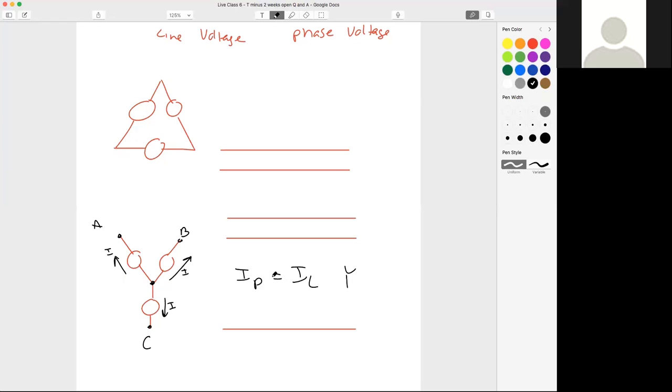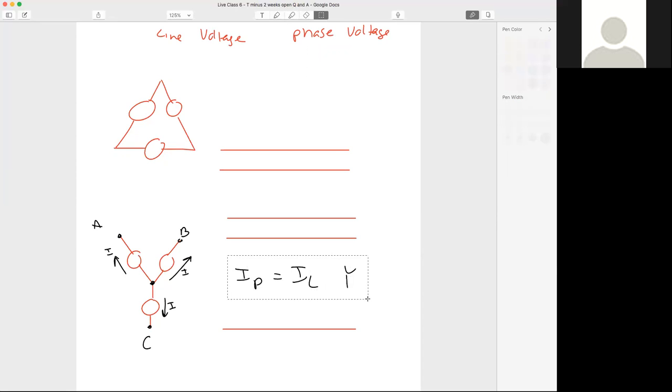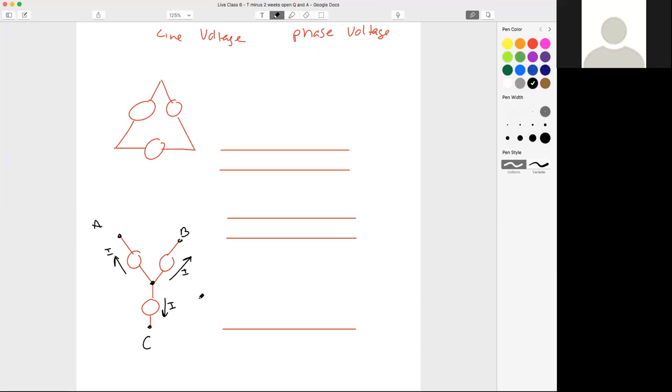This is true, but it gives a very false understanding of what the difference is. When you say phase current, you're actually talking about the source. When you say line current, you're talking about the three conductors, the individual transmission lines or bus bars that connect your source to whatever it's going to, or vice versa for a load.